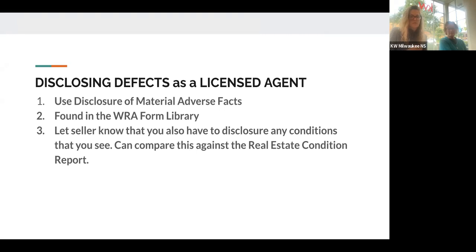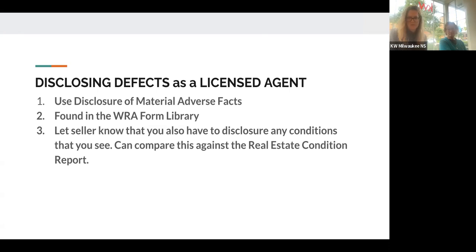You could be going through the home first, and then once you receive the real estate condition report from the seller, compare it against what you have found. This is where a conversation can happen between you and the seller. Oh, I noticed that this wasn't put on the condition report. I need to address this in the material adverse facts.